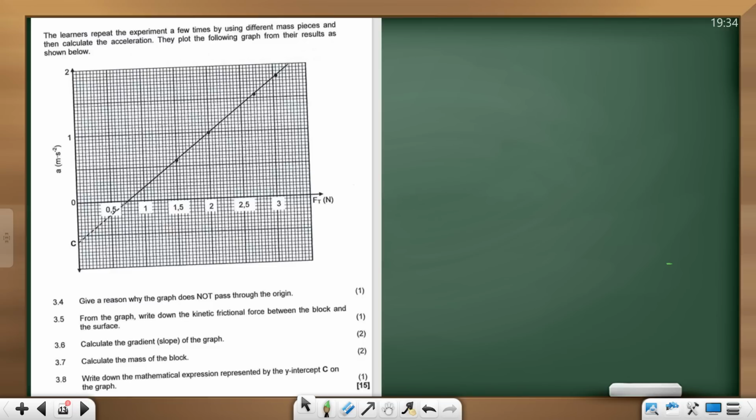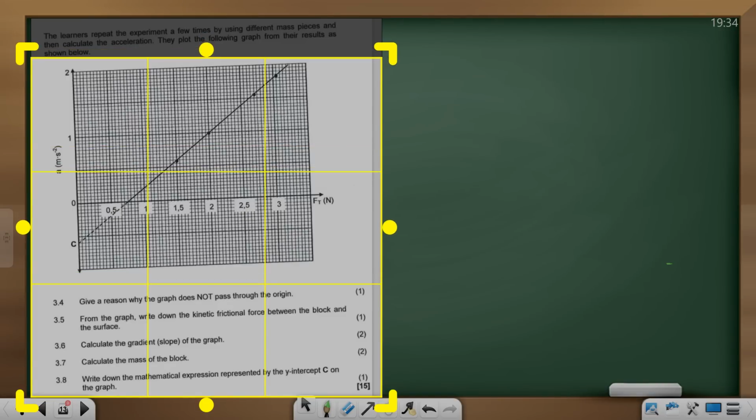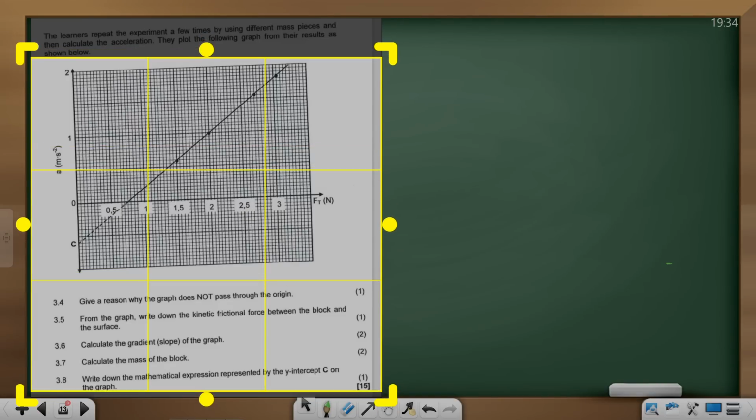I just want to make the graph a bit bigger so that we can all see clearly, because we're going to read a lot of things off from the graph now. And I know that some of us also struggle with getting values from a graph. So let's help each other sort that out.